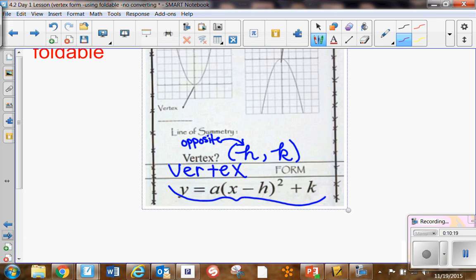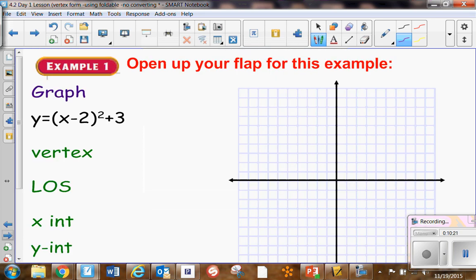So let's put an example. Open up your middle flap, and let's put an example in for this vertex form. Here's what it would look like. For your example, y equals (x minus 2) squared plus 3. Still going to be looking for the same 4 things we were yesterday.